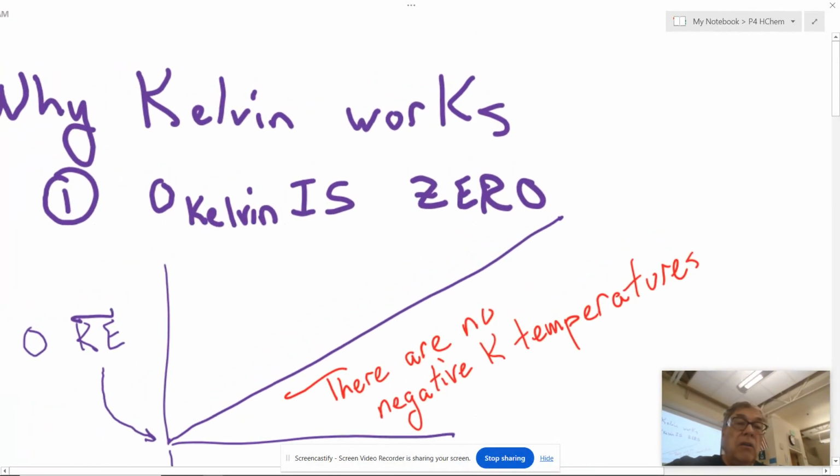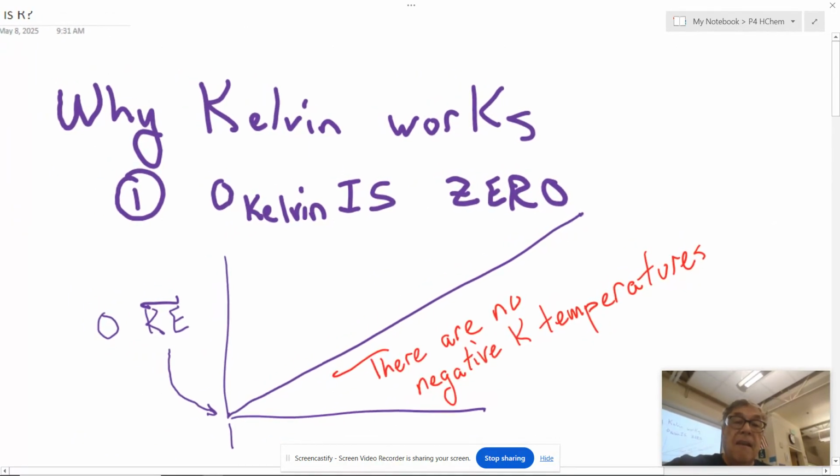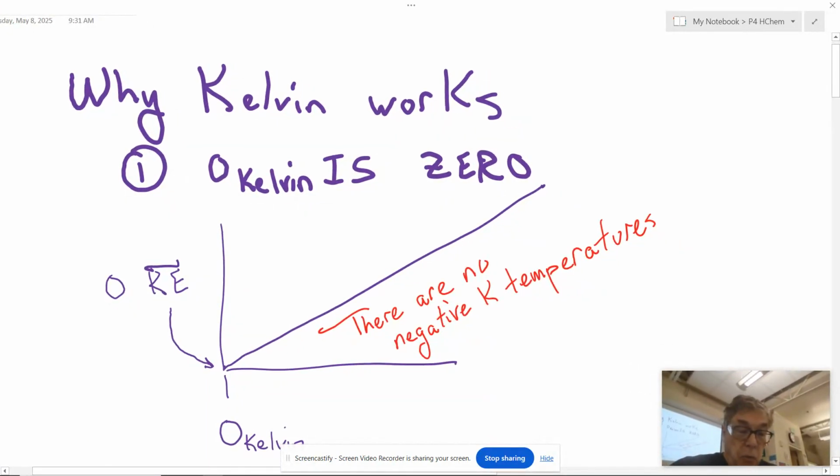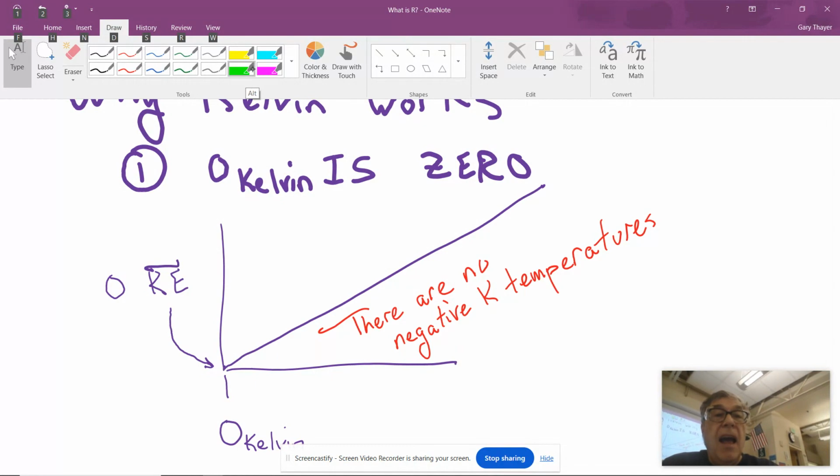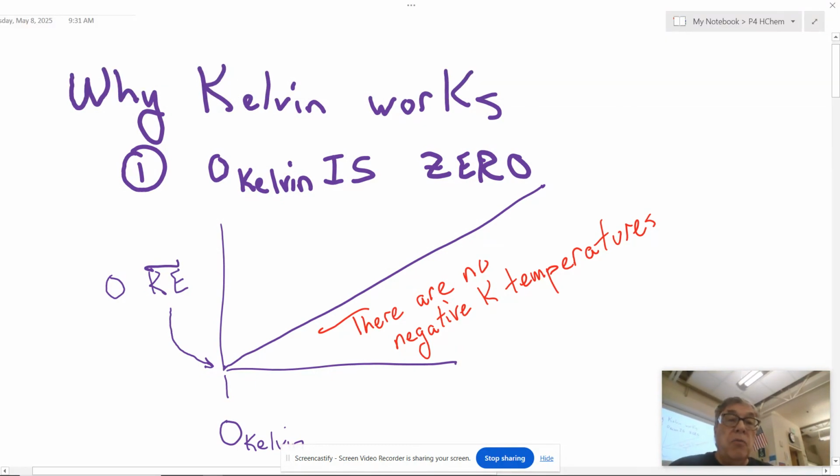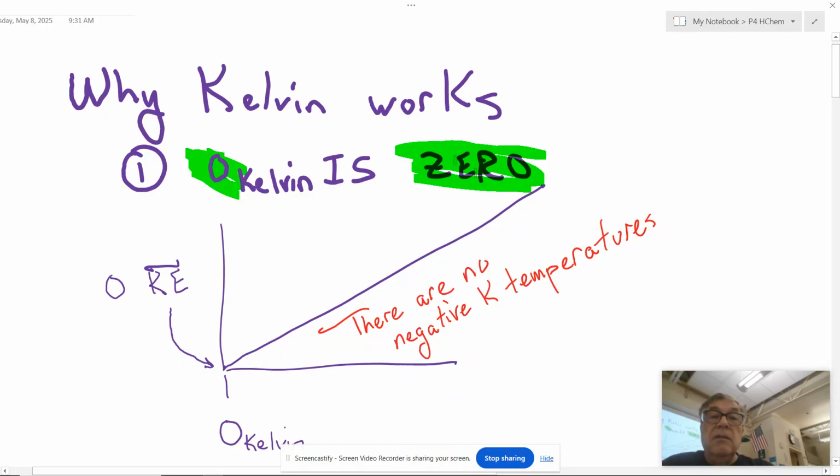There are two reasons that Kelvin works. One of those reasons is that 0 on the Kelvin temperature scale is 0. There's no argument about it. Well, within a couple significant digits. It's 0. Just call it 0.